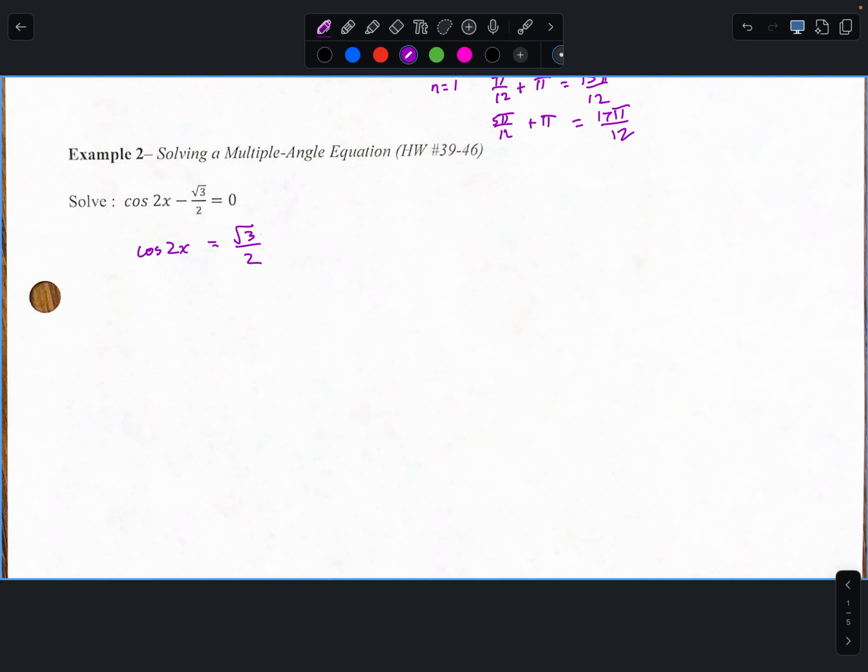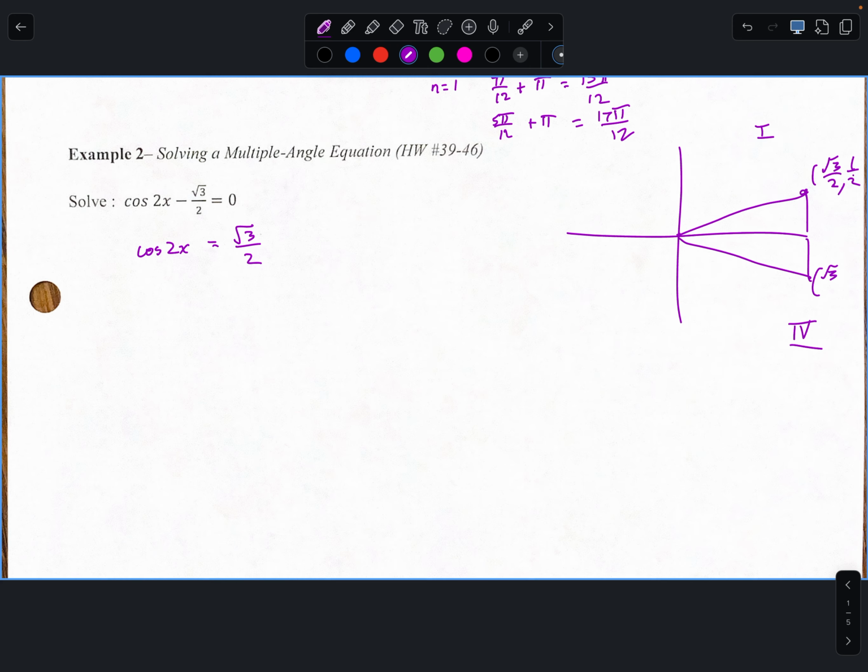And so we want where x is root 3 over 2, and those, once again, are my 30-degree reference angles because you go the long leg to the right, and you're up 1/2. You go the long leg to the right, here you're down 1/2. So 2x represents the angle, and one of them is your pi 6, and the other one is your 11 pi 6. So you have to be able to know for what angle is the cosine root 3 over 2.